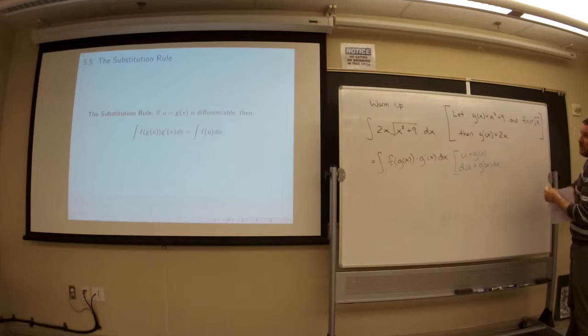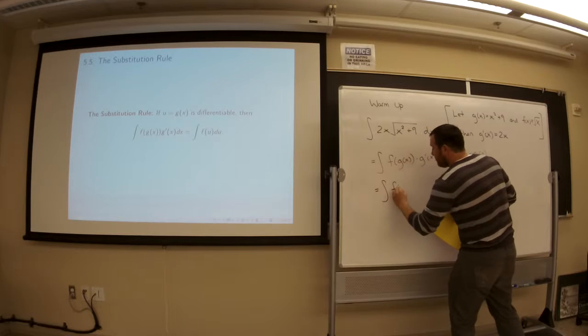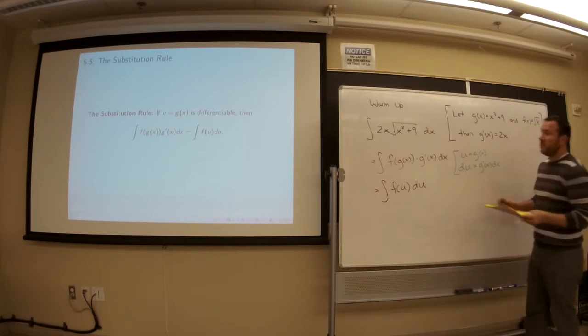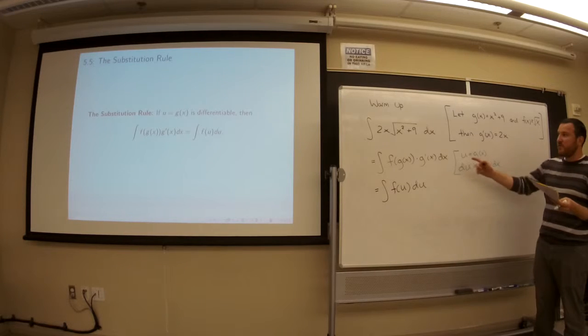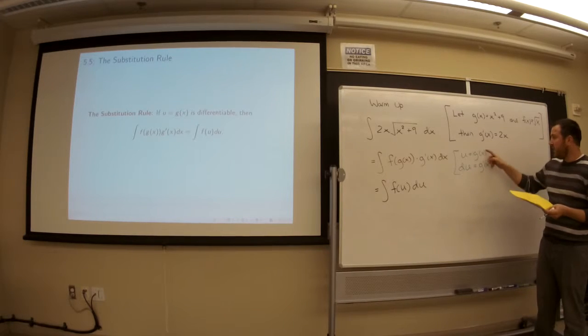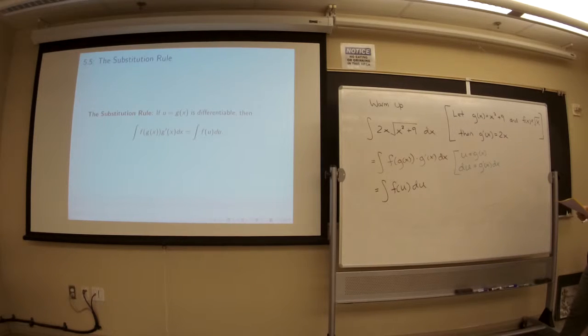Because from the substitution rule, we should be getting that this is equal to the integral of f of u du. So to just make sure that we're getting this correct, we take the derivative, and the derivative of u we write as du, and then the derivative of g of x we write as g prime of x, but then think about it as like using the chain rule times x and we get a dx out there on the end.